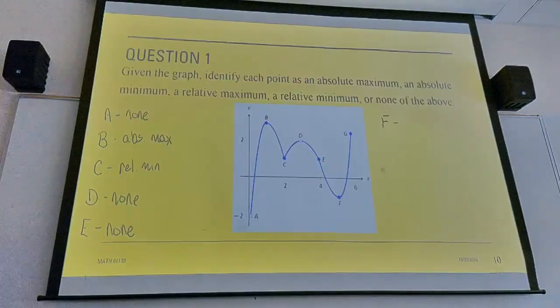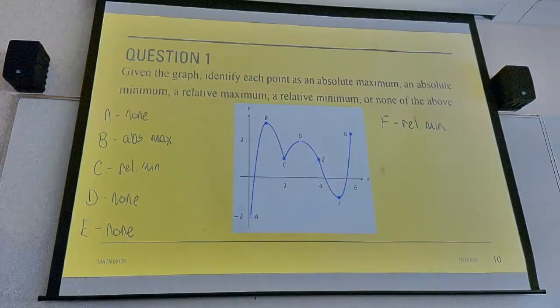What about F? Relative minimum. Would it be the absolute min? Nope. No, there's some spots near A that are lower. Does this function have an absolute min? Not one labeled.